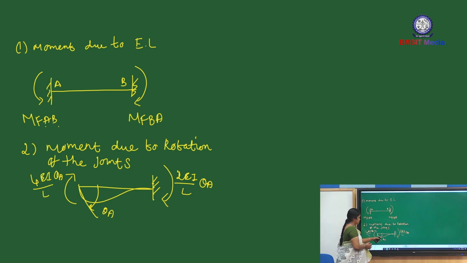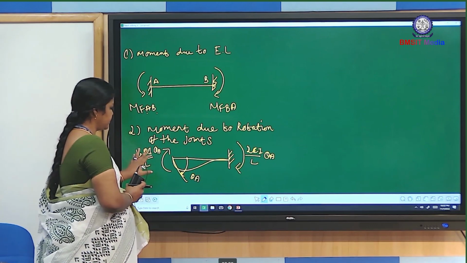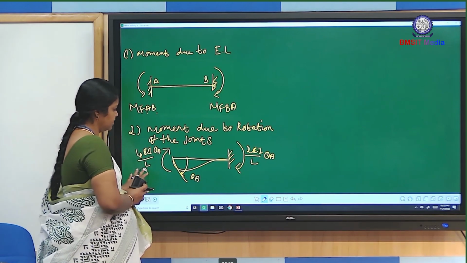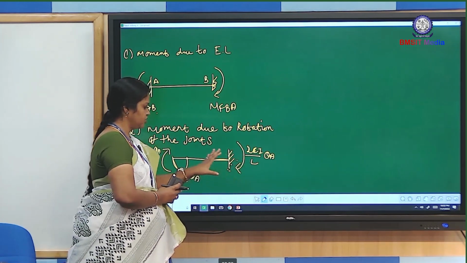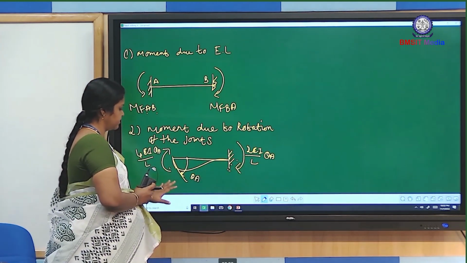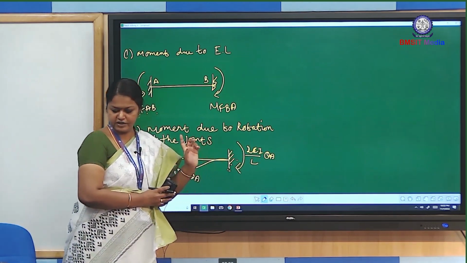So for the near end, the moment developed due to the rotation at joint A is 4EI theta A divided by L. And at the far end, 2EI divided by L into theta A.